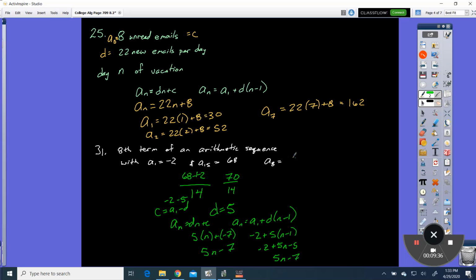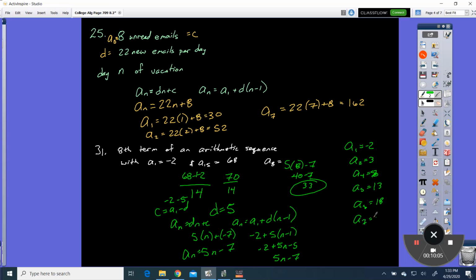So now to find a_8, I can just go 5 times 8 minus 7. So 40 minus 7 is 33. I guess once you found the difference, you could have also said a_1 equals -2, a_2 equals 3, add 5 more onto that makes 8. Add 5 more to 8 makes 13. Add 5 more to that makes 18.